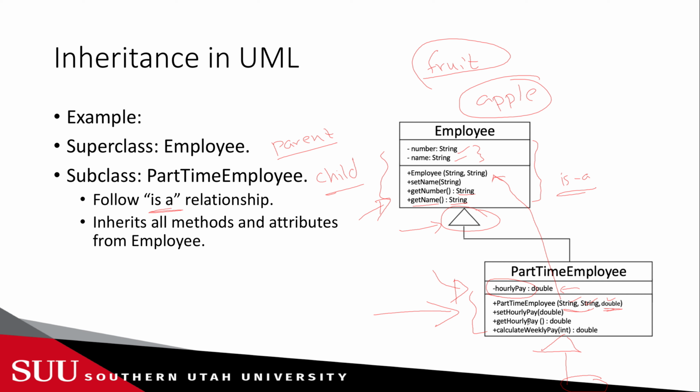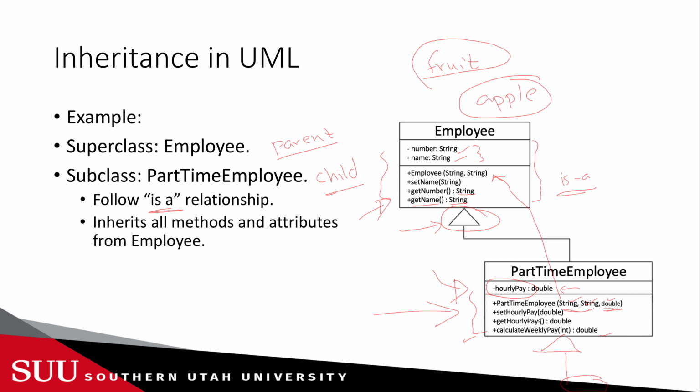Then we have set hourly pay, like setters and getters, and then just a method for calculating the weekly pay that is going to take an integer and return a double or something. So this is how we display or represent the classes in UML notation.